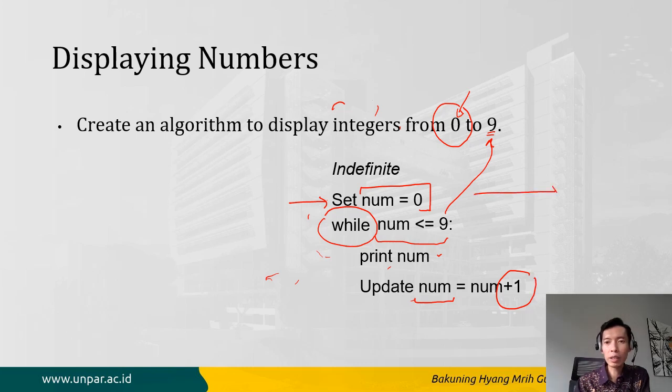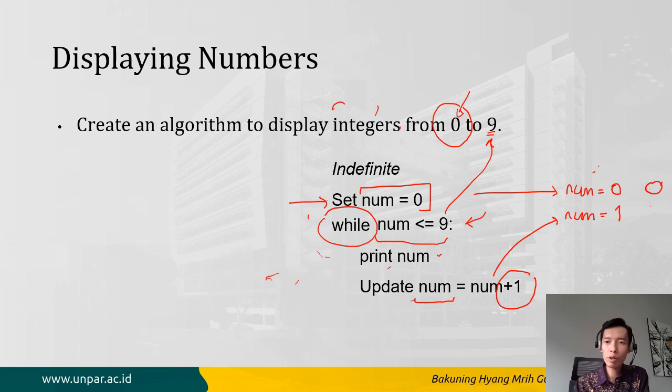So we see here at the beginning the variable num equals 0, and then it will check this condition. 0 is still less than or equal to 9, so it will print out the number. So it will print the number 0, and then at this step it will update the variable num to become 1. And then it will check the condition.